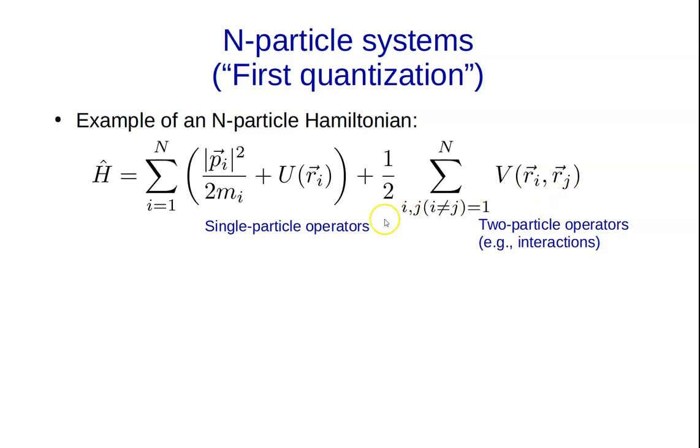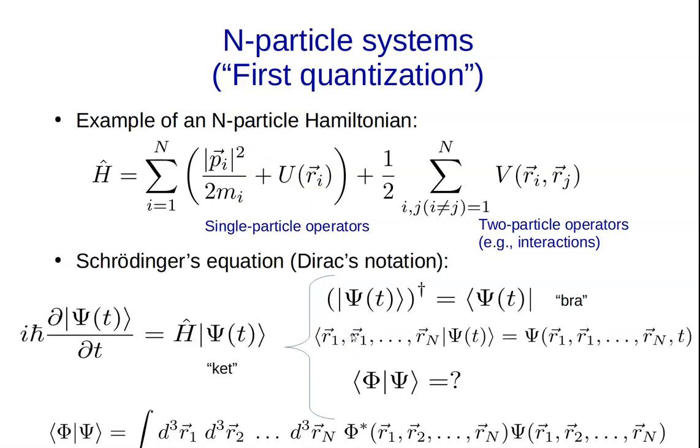That's our focus, and as we shall see, this will already be hard enough for us. Notice that this sum accounts for the interactions between every particle in the system with every other particle. So you have many more terms of 2 particle operators than you have of single particle ones. Okay, so let's continue.